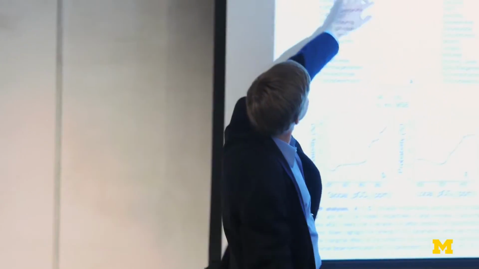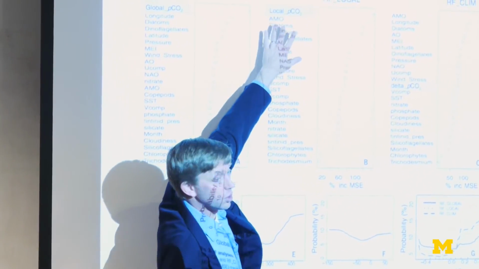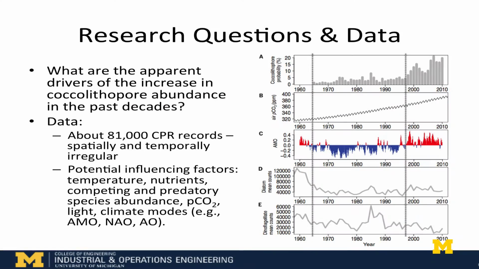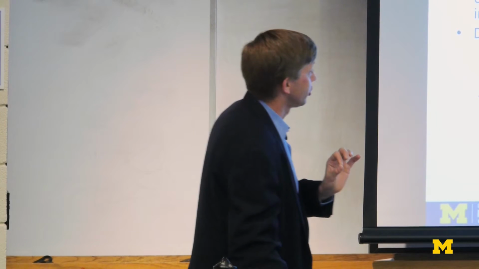If you look at this one, AMO shows up here as number 2, which is an interesting question because if we go back to this graph, you can see CO2 is going up, but AMO hits its positive phase here, which is the same time when we get the spike in coccolithophore abundance. So it's a little hard to untangle AMO and CO2, potentially.